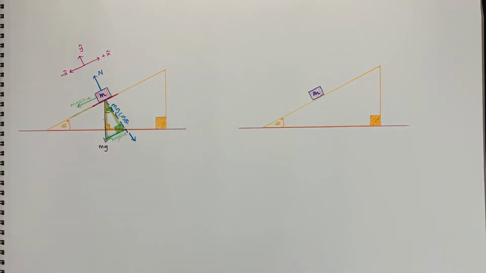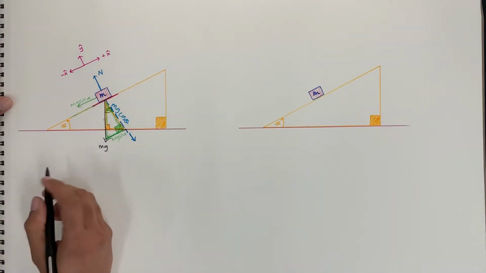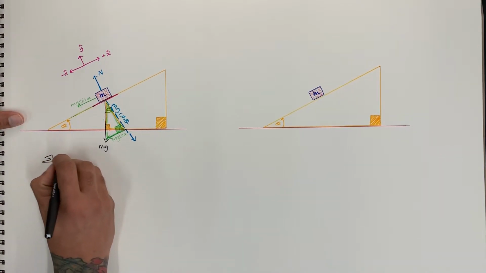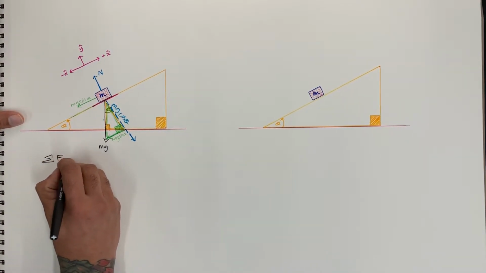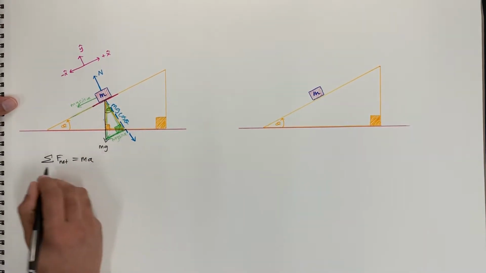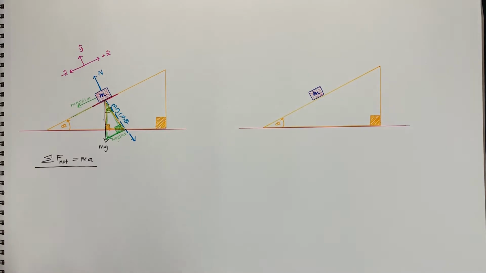Okay, perfect. So now that we have that, let's look at Newton's second law, F equals ma. Okay, so we have here the sum of the forces, the net forces, equals ma. And what does that mean? Okay, so let's put a scenario onto this box.